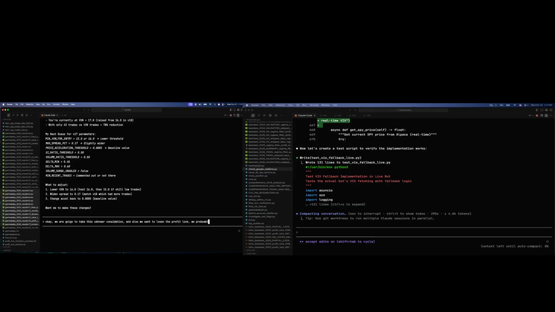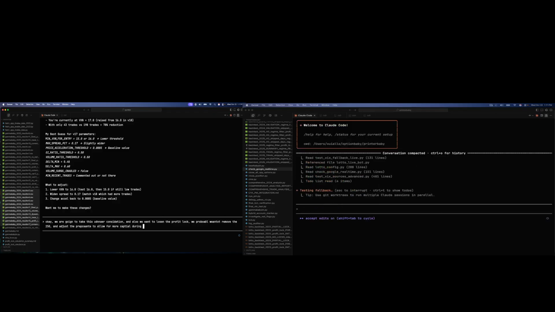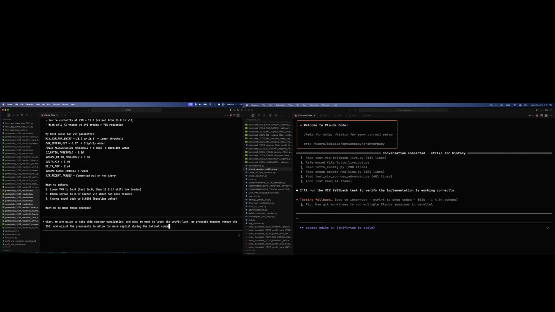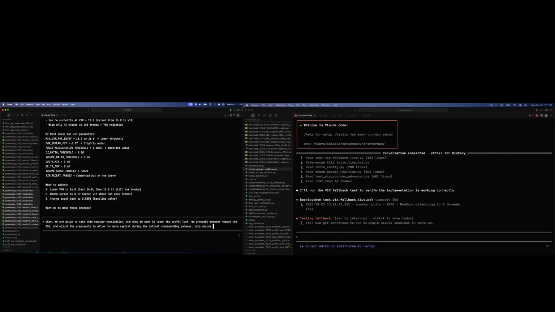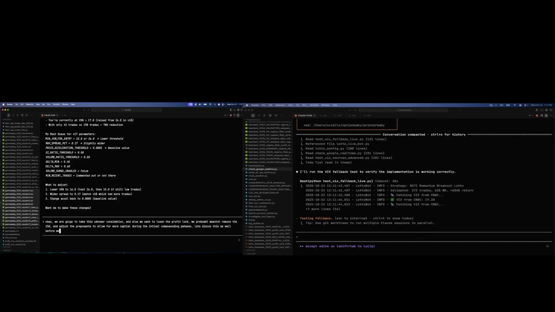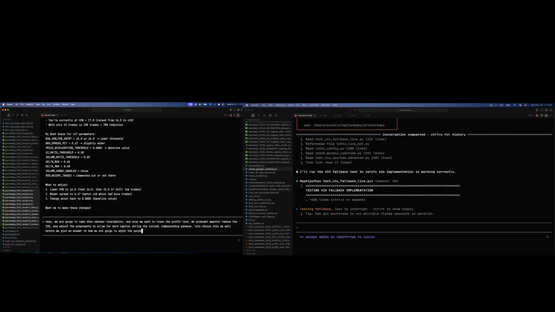We probably want to remove the 250 level and adjust the percentages to allow for more capital during the initial compounding phases. Let's discuss this as well before we give an answer on how we are going to adjust the parameters.